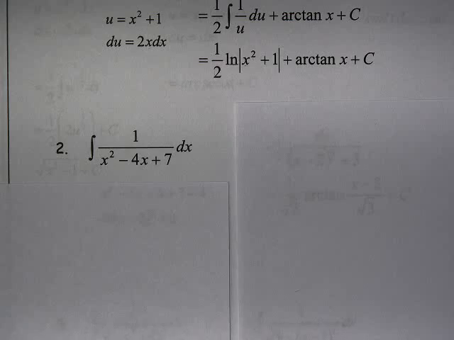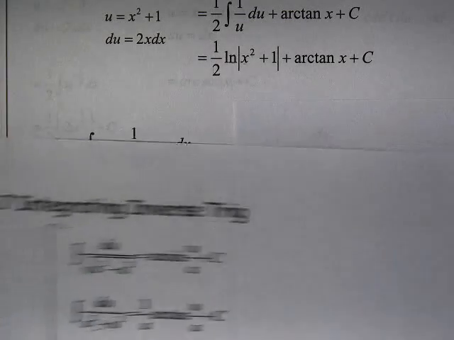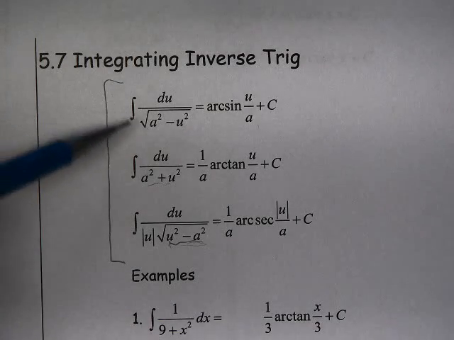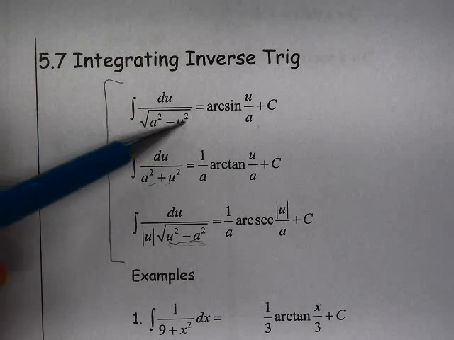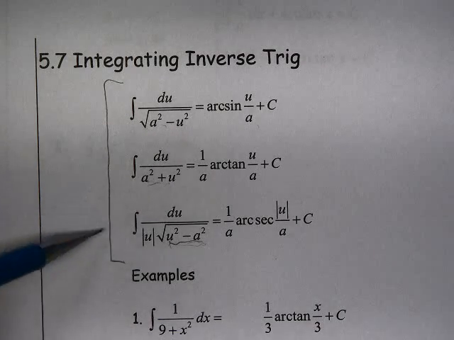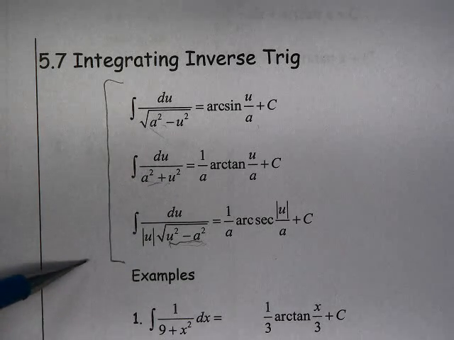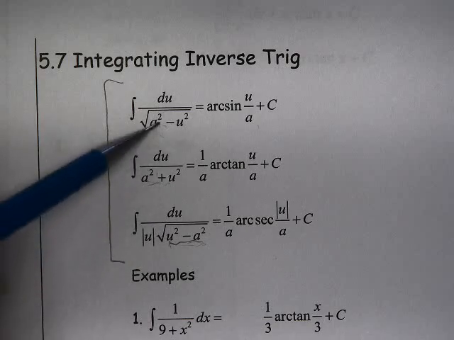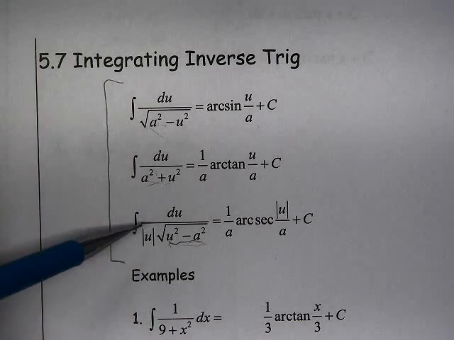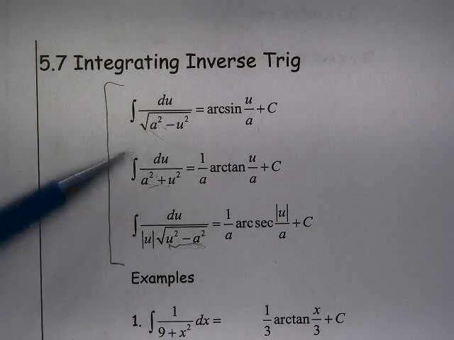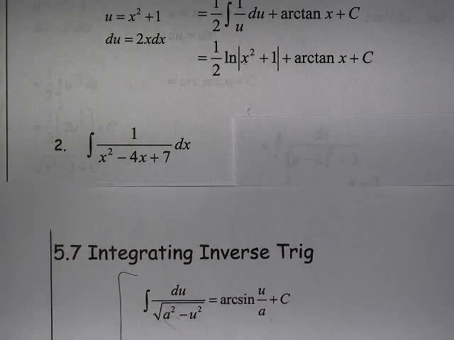The reason for doing that is if you look at the inverse trig integral formulas, there's always a difference of squares or a sum of squares. Sometimes it's inside a square root, sometimes it's not, but there's always some sum or difference of squares. So in order to get our denominator into some form like that, we're going to complete the square.